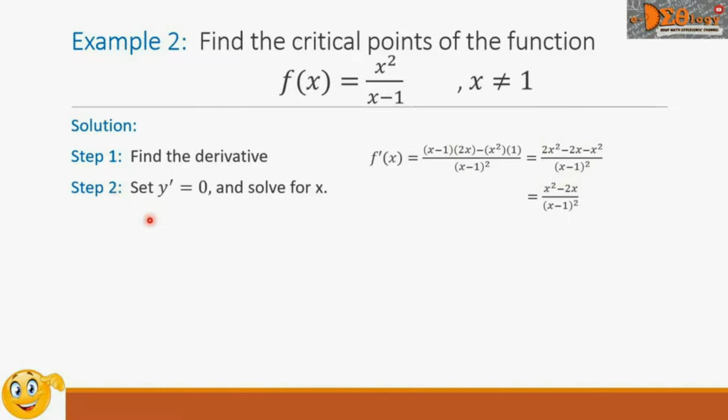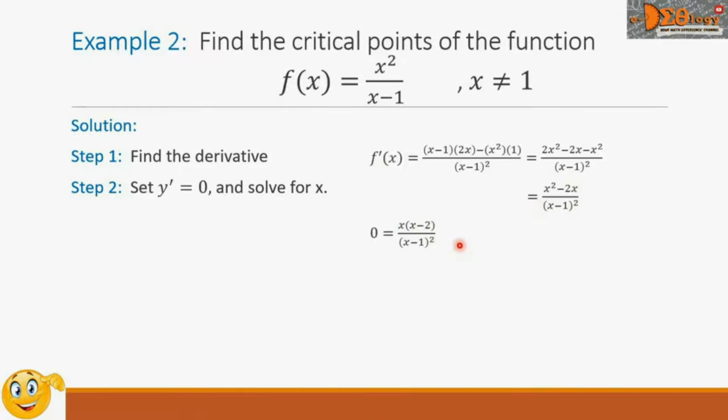Step 2, we set y prime, or the derivative, equal to 0 and solve for x. So this f prime of x becomes 0, and let us rewrite our derivative by factoring the numerator. So we have now x times the quantity x minus 2 over our same denominator.